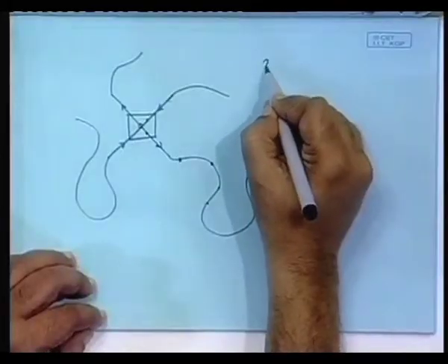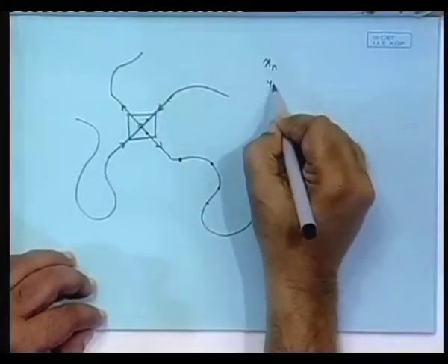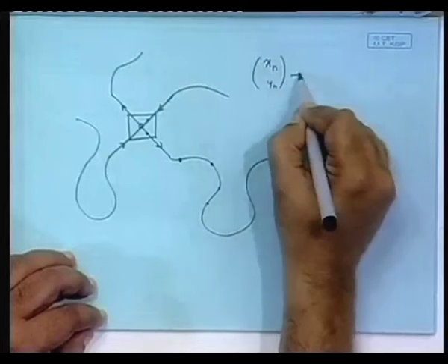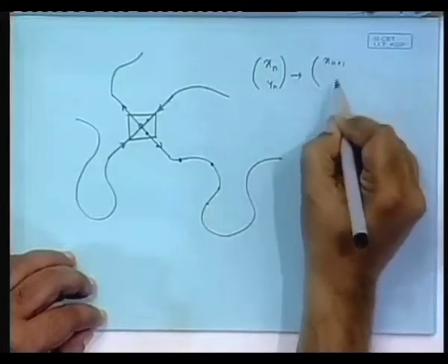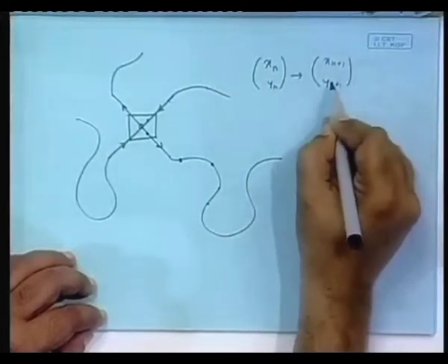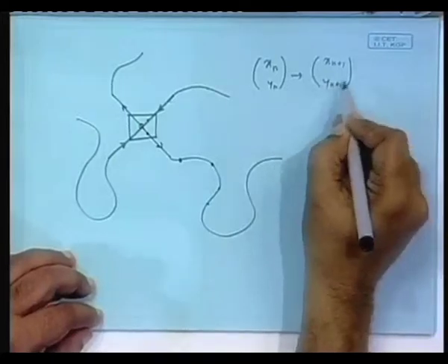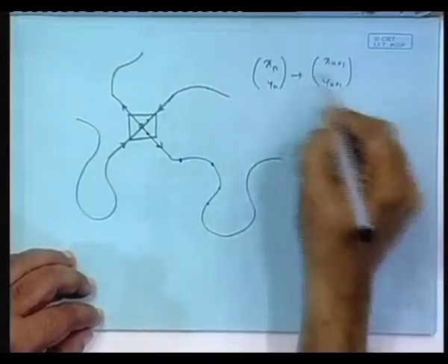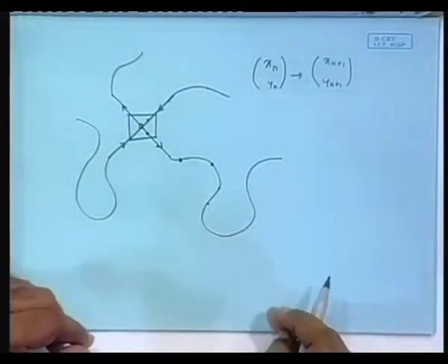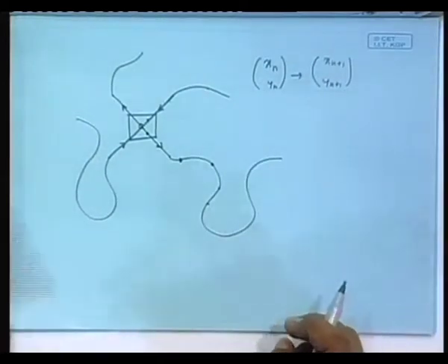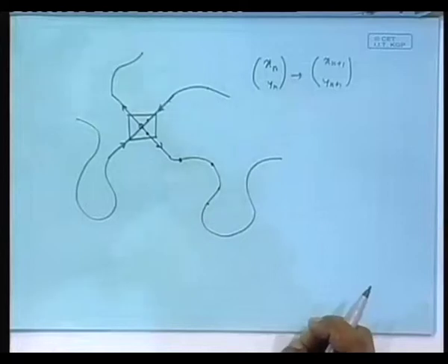What do you mean by invertible? What you mean is that x n, y n gave x n plus 1, y n plus 1 uniquely. Now, if you know x n plus 1, y n plus 1, do you know x n, y n uniquely? If you do, then it is an invertible map. If you do not, then it is not.